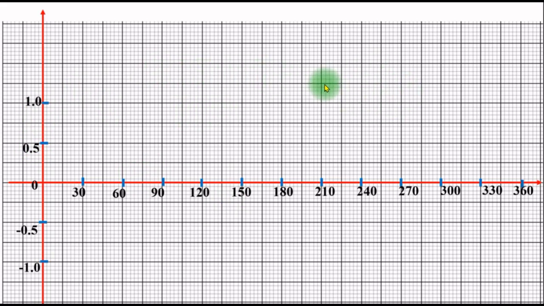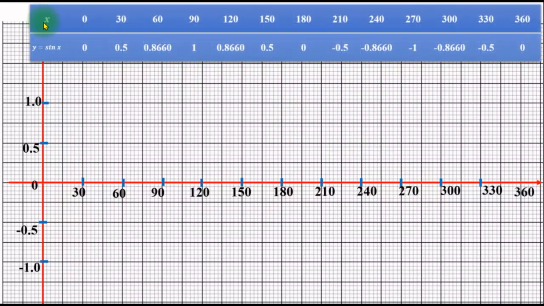So from there we use the table that we did. Now that we are tabulated, we plot all the points, and here is the table for y equals sine x. When x is 0, y is 0. When x is 30, y is 0.5, at this particular point.